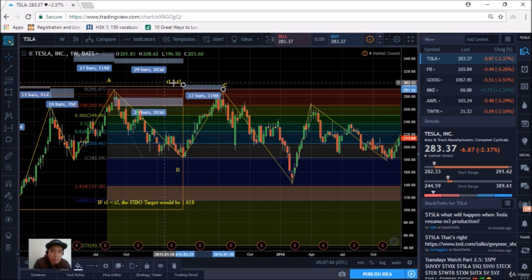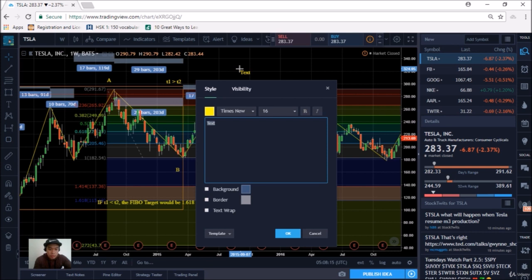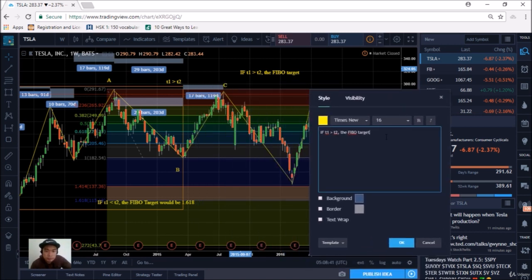Compared to the upward or bullish market, for the downward market, if T1 is more than T2, the Fibonacci target would be 1.618.